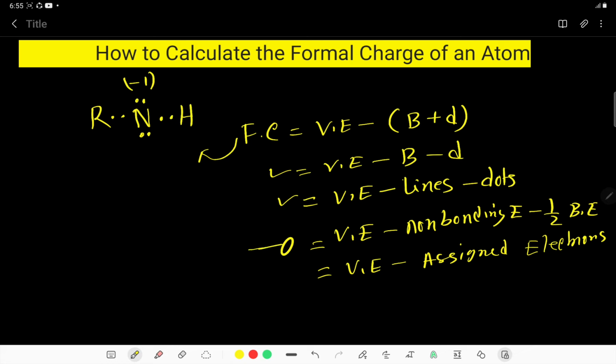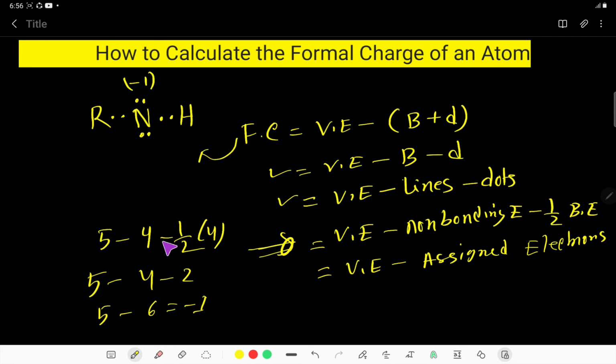So valence electron of nitrogen is 5 in an isolated atom, minus non-bonding electrons attached to nitrogen, which is 4, minus half of bonding electrons. Here bonding electrons is 4, half is 2. If you calculate, we get 5 minus 6 equal to minus 1. So the formal charge of this nitrogen is minus 1.